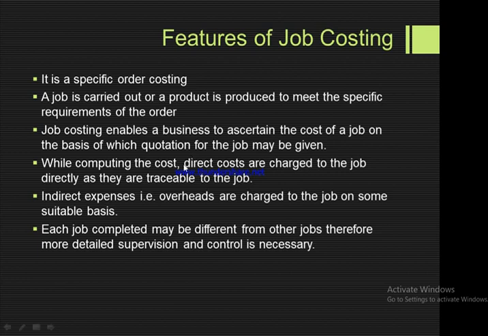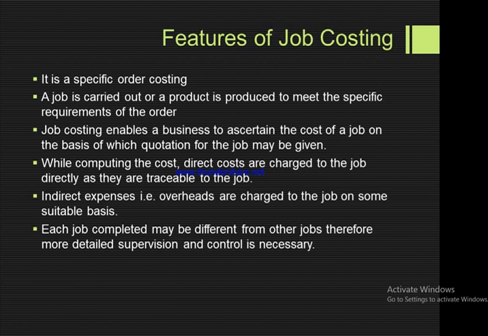While computing the cost, the direct costs are charged to the job directly as they are traceable to the job, whereas the indirect expenses are charged to the job on some suitable basis, because identifying the direct material and direct labor is easier, whereas in case of indirect expenses, especially in job costing, it's very difficult.